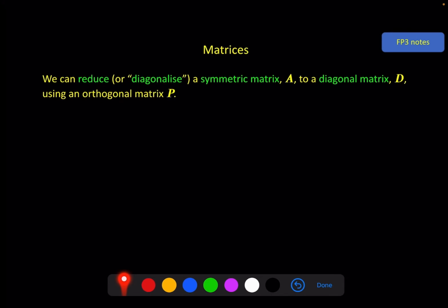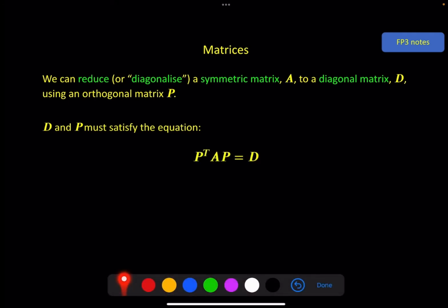Okay, the next step is to take note of how these things relate. So we can reduce, or you might see the word diagonalize, a symmetric matrix into a diagonal matrix using an orthogonal matrix P. And these are connected with an equation such that if P and its transpose and the diagonal matrix D and the original matrix you're working with A, if they all satisfy this equation, then this is the diagonal matrix for this symmetric matrix.